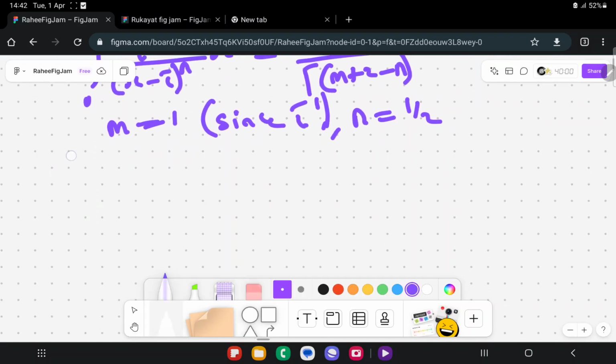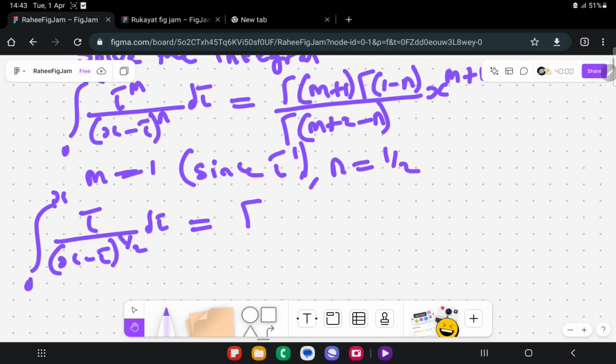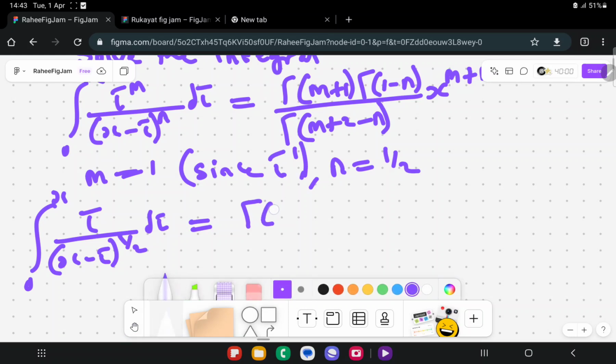That means we have our integral from 0 to x of tau over x minus tau d tau. I'm just trying to work on the integral. Now we substitute back using this formula. Remember our m is equal to 1, so 1 plus 1 will give us 2, so we have gamma of 2 into gamma of 1 minus n.